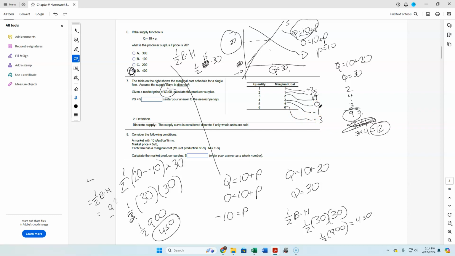So what essentially we're doing here, if we want to understand this graphically, is my supply function. I've got a market price of 3, and essentially what I've said is that this is where it's at 1 and 1. This is where it's at 1 and 2. This is where it's at 3 and 2.